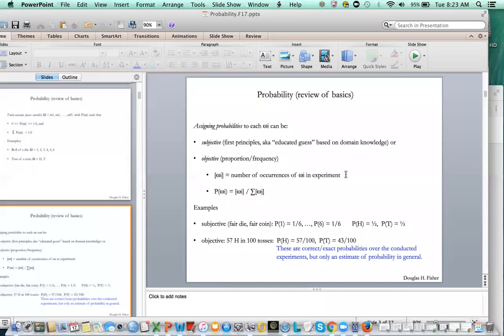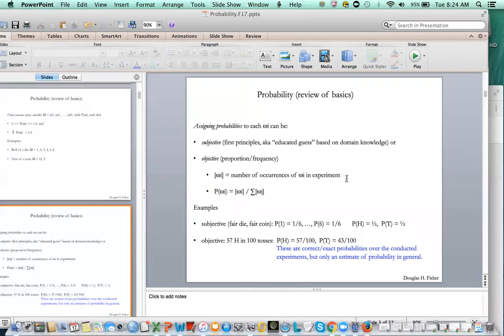We've already introduced the notation a couple weeks ago when we talked about Bayesian classification, Bayesian learning: the number of occurrences of an outcome, W sub I in this case, and then the probability of that outcome being the proportion of the number of times we see it divided by the total number of outcomes of all kinds that we observe.